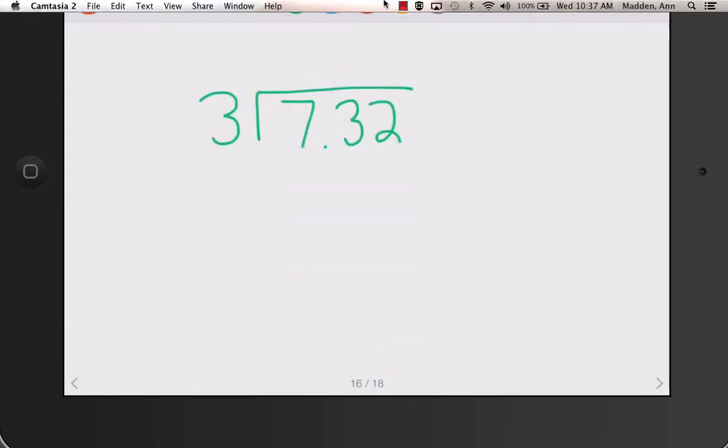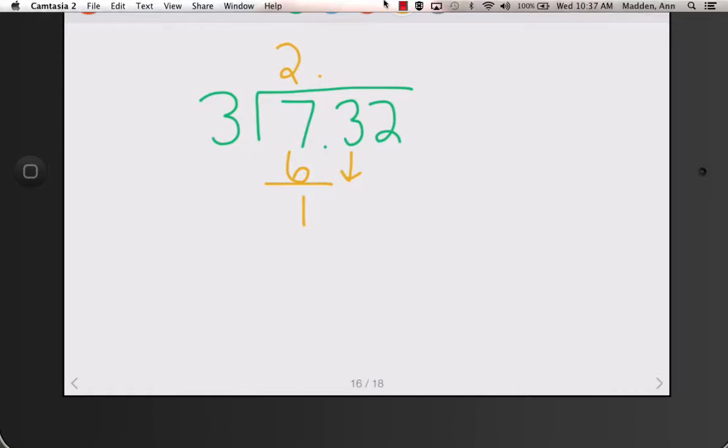Let's take a look at our next problem. The first thing I need to remember to do is to move that decimal place up directly above where it is. 3 goes into 7 2 times. 2 times 3 is 6.